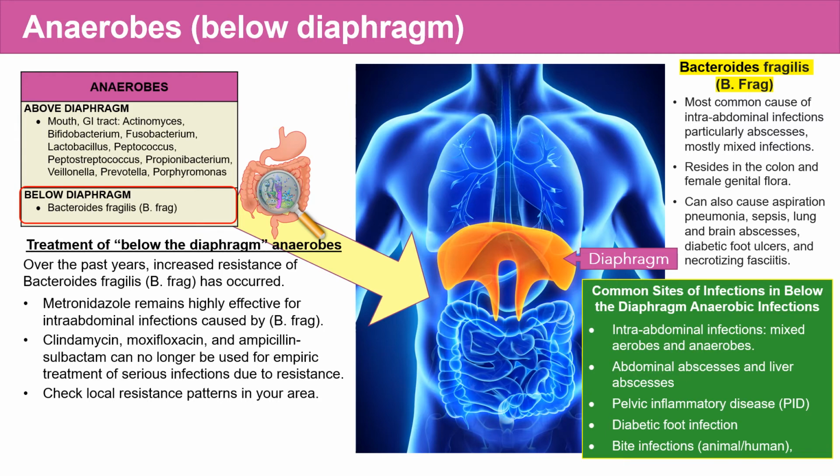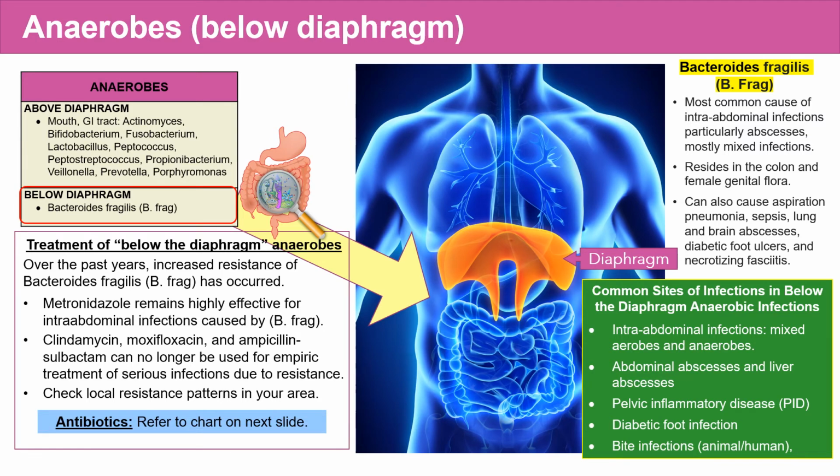But these can no longer be used for empiric treatment of serious infections because resistance has occurred. Now, we also need to check local resistance patterns in each of your areas to determine what type of empiric antibiotic treatment you can use for intra-abdominal infections. As far as which antibiotic to use, we will refer to the chart on the next slide.